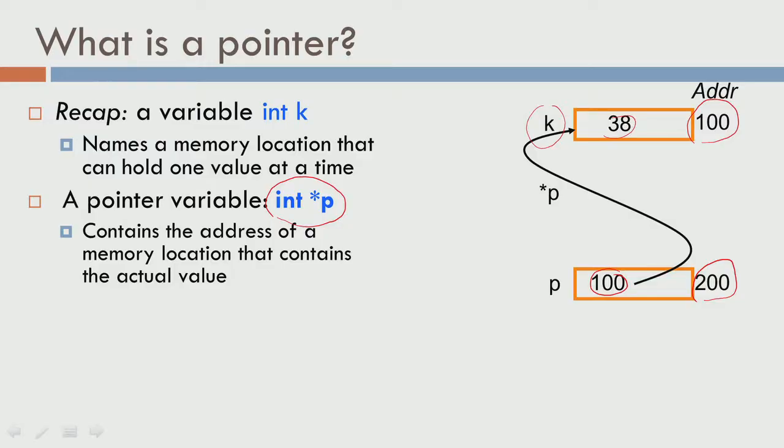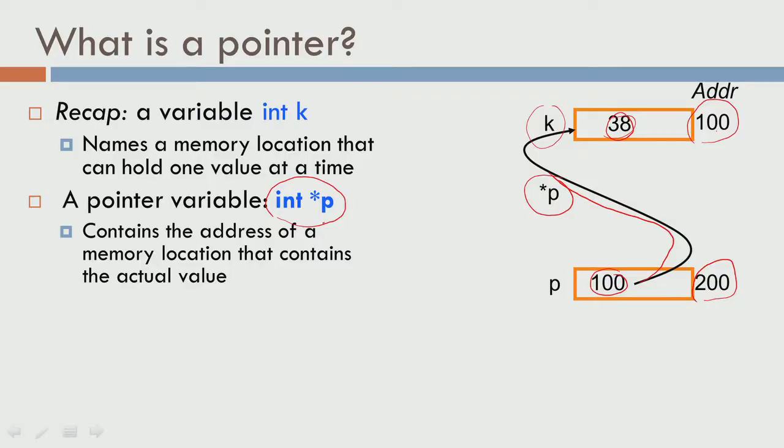Star p is an operation where you take the value 100, instead of treating it as a value, treat it as an address, and look at what value is present in that address. The value that is present is 38.